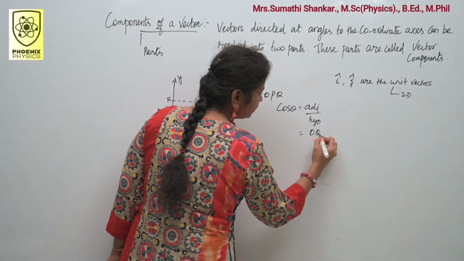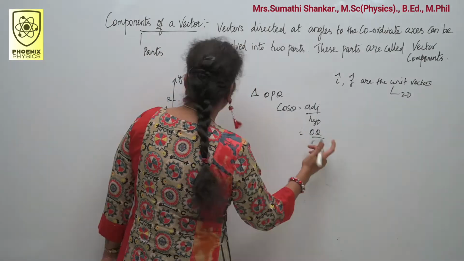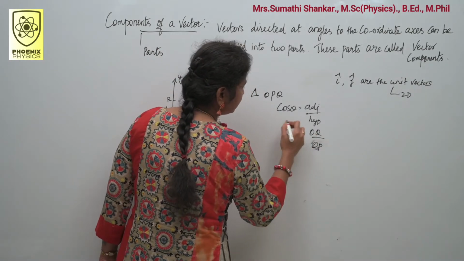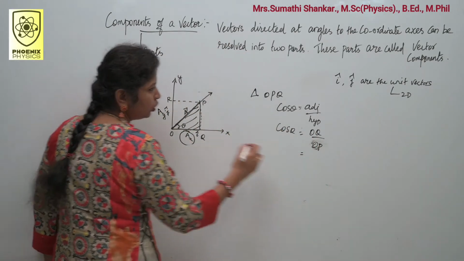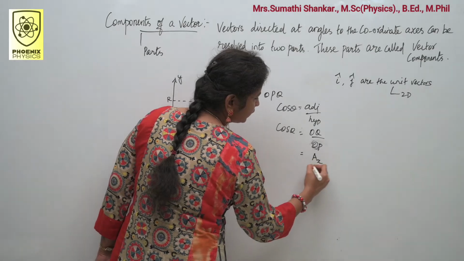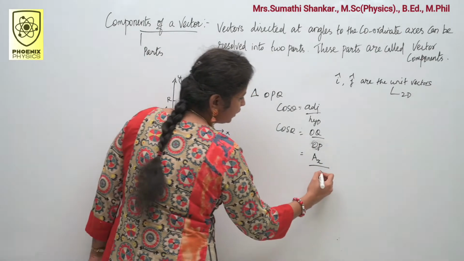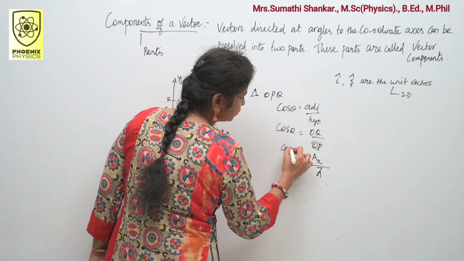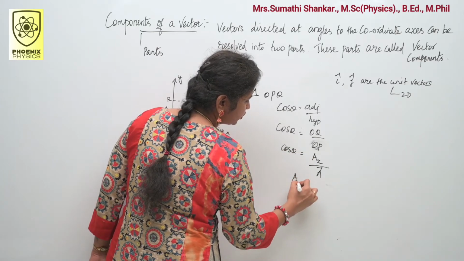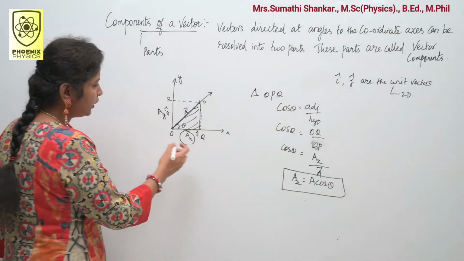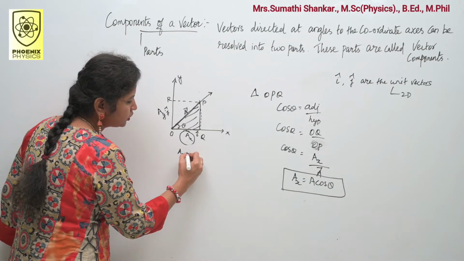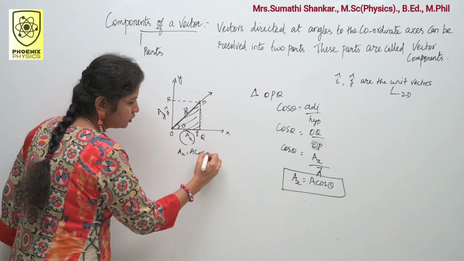OQ divided by the hypotenuse OP is equal to cos theta. OQ is equal to AX and OP is my A vector. So AX can be written as A cos theta.